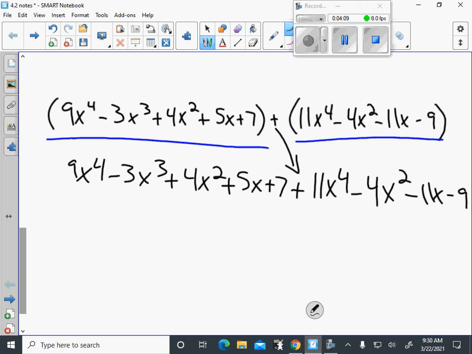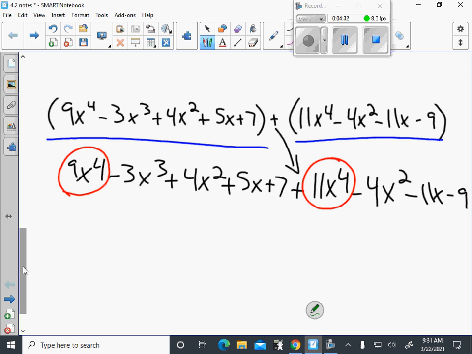Let's combine like terms. I'm going to circle all my like terms. 9x to the fourth. Is there anything else to the fourth? Yeah, right here, 11x to the fourth, right?